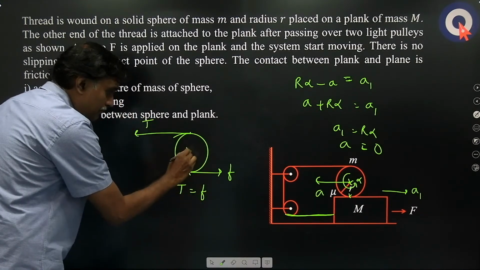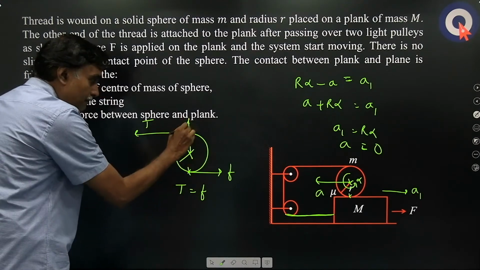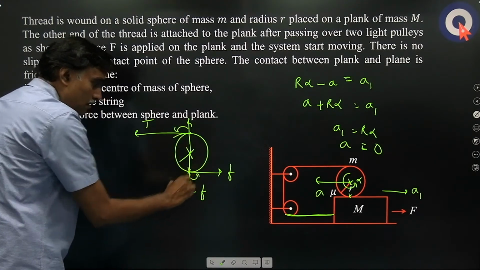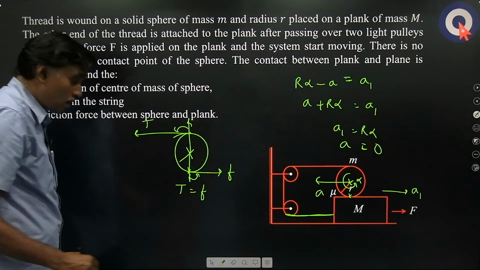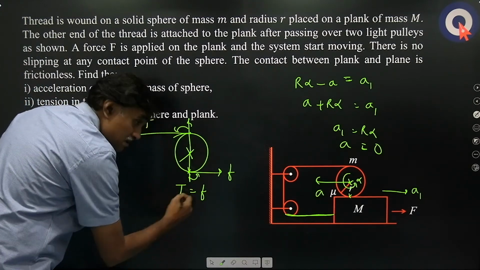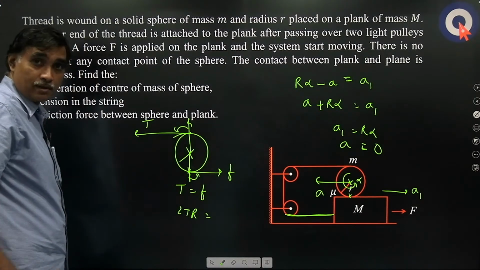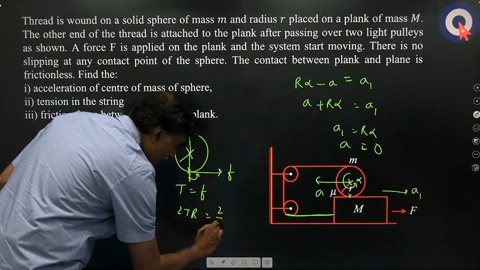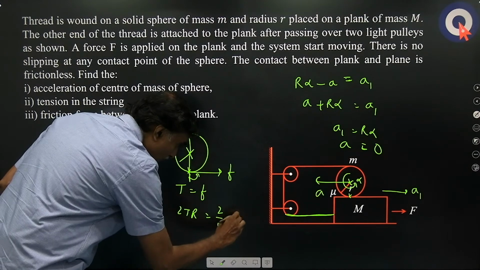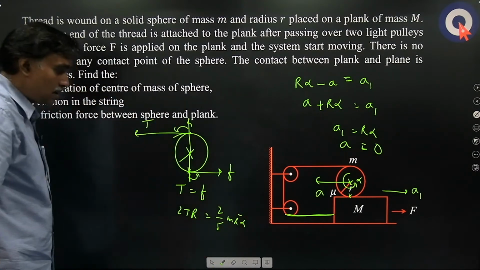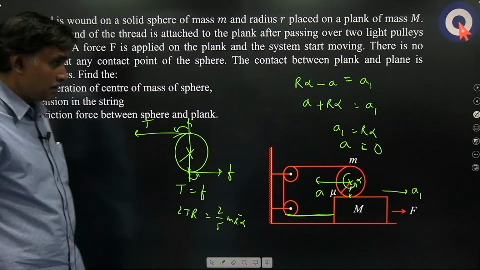Then torque equation. If I write T into R plus F into R, means 2T into R, because T equal to F, equal to I alpha. What is I? 2 by 5 mr square into alpha. But what is R alpha? It is A1.